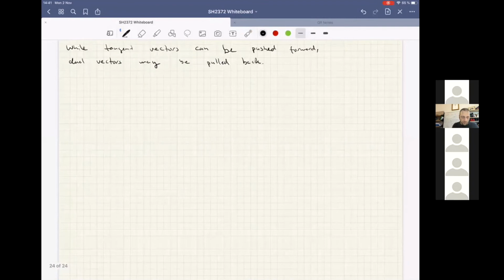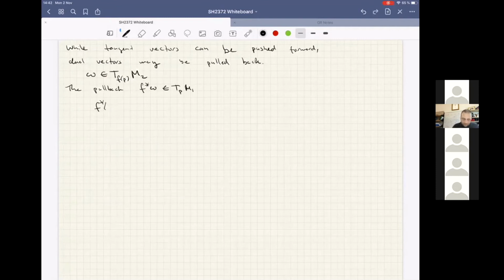So if we take omega as an element of T f of P in M2, then we define the pullback, which would be F star omega, an element in TP M1.